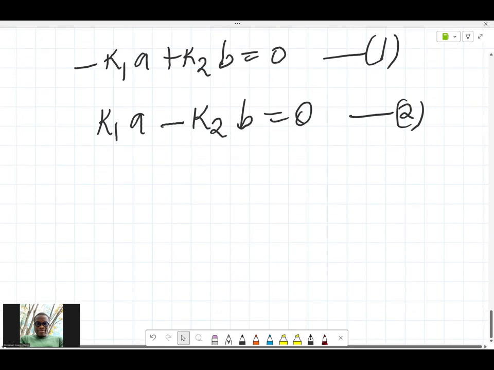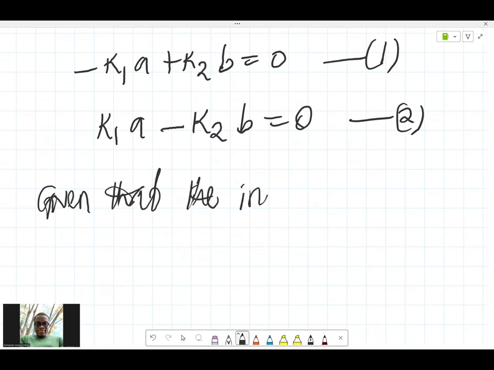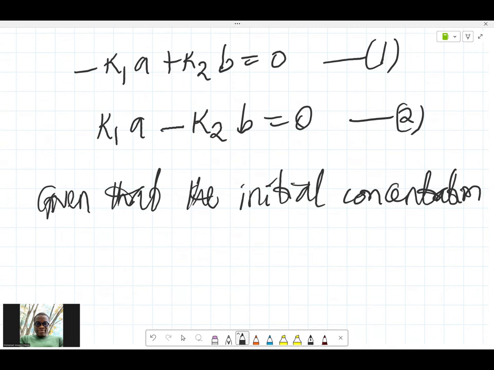We also have to factor in that A became B, but A had an initial concentration.